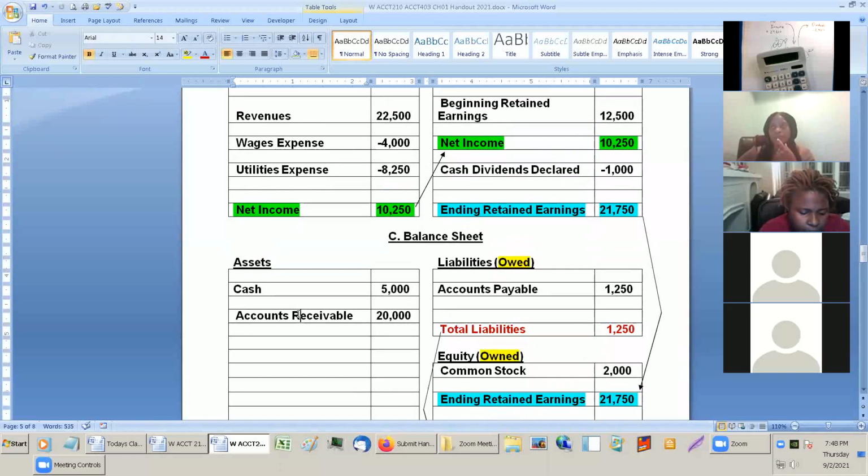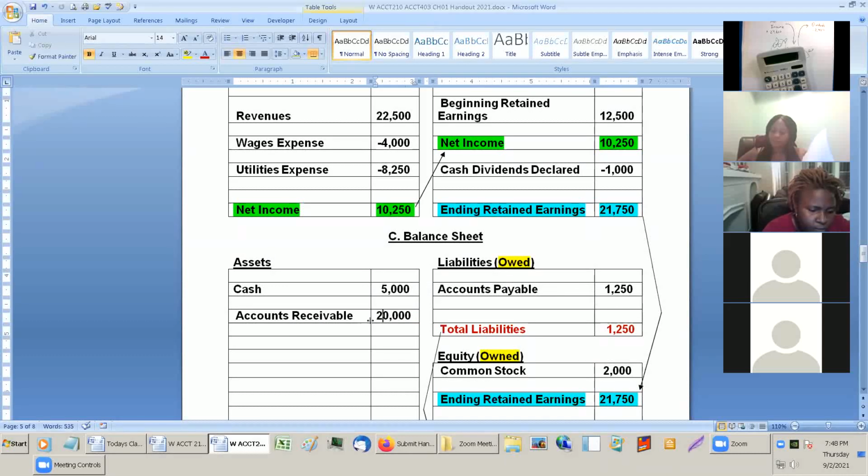Oh, good question. Accounts payable and accounts receivable are both similar in that things are done on account. The difference is that we're going to receive this money from somebody else. We don't owe this money. Someone will be paying us $20,000 cash. The reason it's different than this one is we're going to have to pay somebody this $1,250.